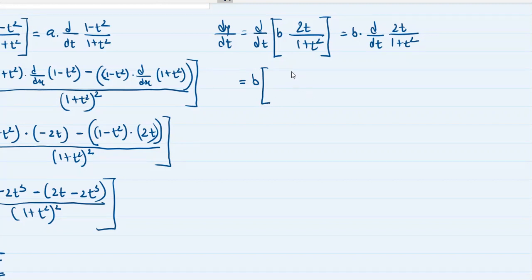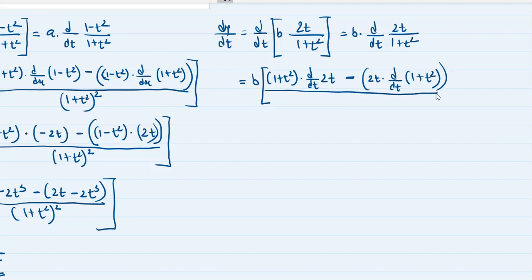Okay, so denominator into d by dt of 2t, that is numerator, minus numerator into d by dt of denominator, the whole upon 1 plus t square, denominator the square.